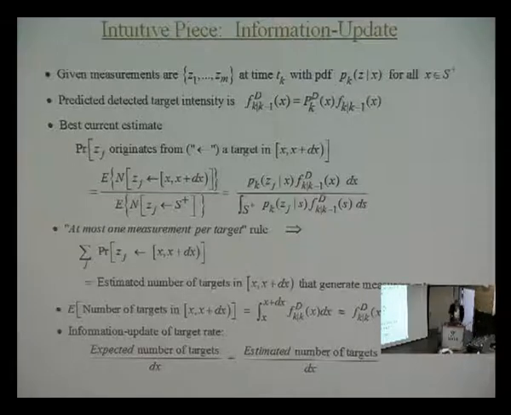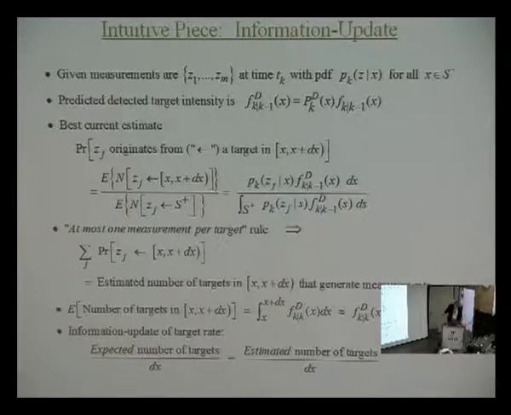So, okay, that's one. The other part that I need is the expected number of targets that are in the interval x plus dx. So one is the number of targets that generated the measurement, and the other is just the predicted number of targets. And that is going to be the integral, again over the infinitesimal, of my prediction, and it looks like this.